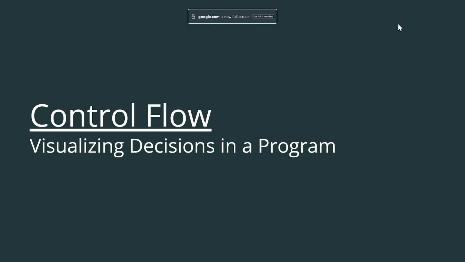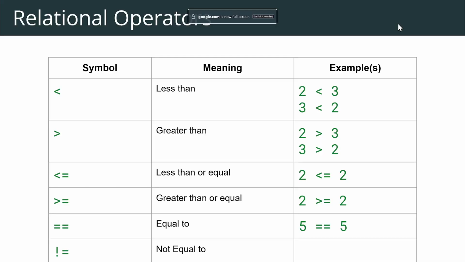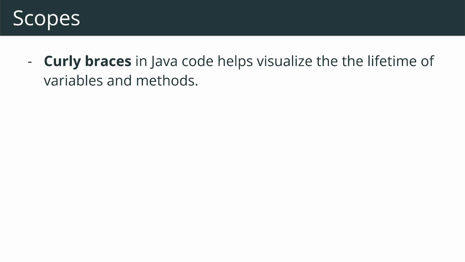All right, the second thing we need to know is the notion of scopes. This is not just Java, but in a lot of other programming languages, you have something called scopes, which help define the lifetime of certain variables. In Java, they use curly braces. Curly braces can represent the lifetime of certain things.